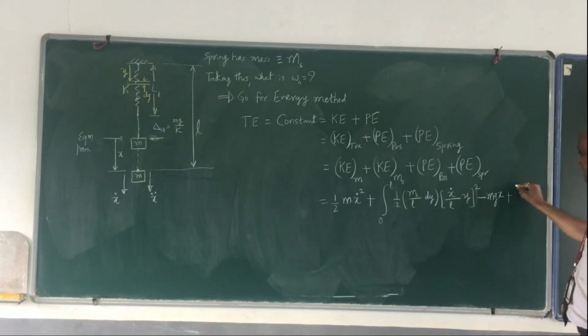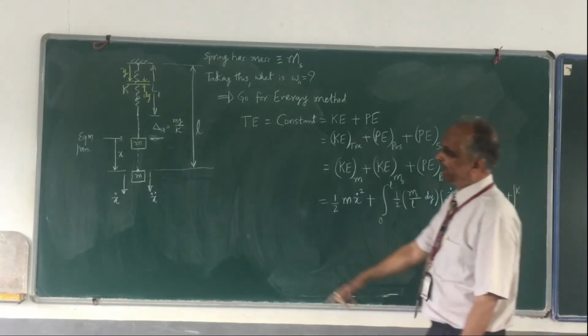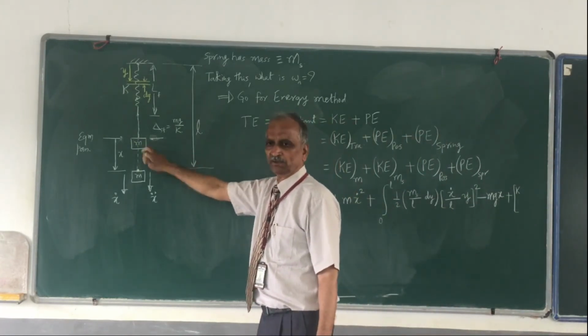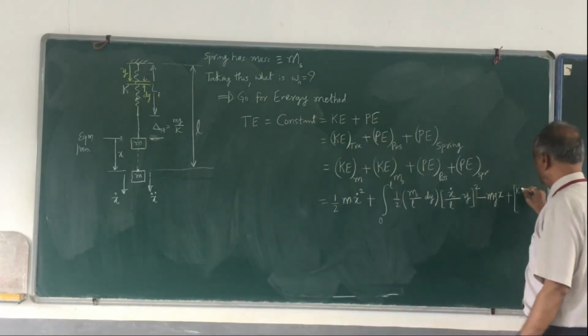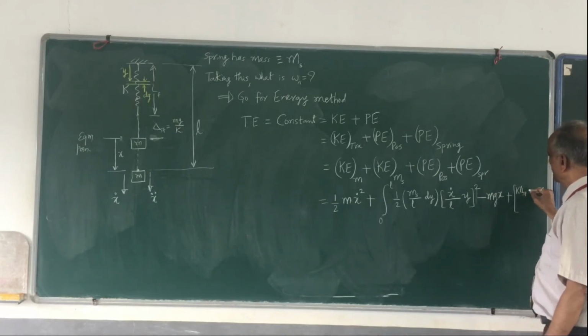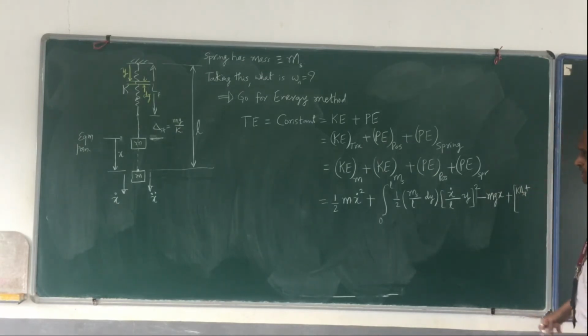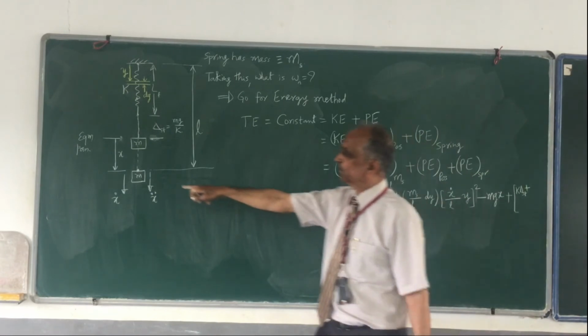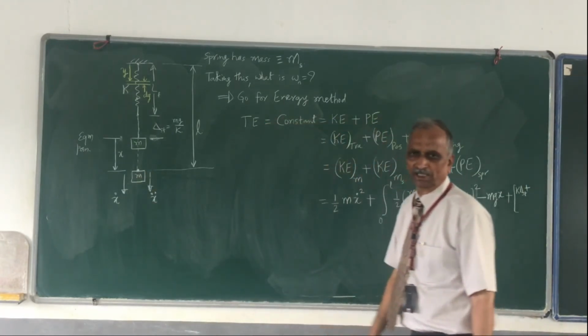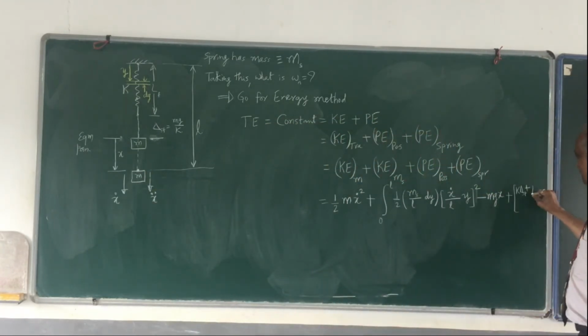That is nothing but the average force. What is that average force? At the equilibrium position, what is the spring force? K into delta st. So what is the spring force in this position? That is K into (delta st plus x).